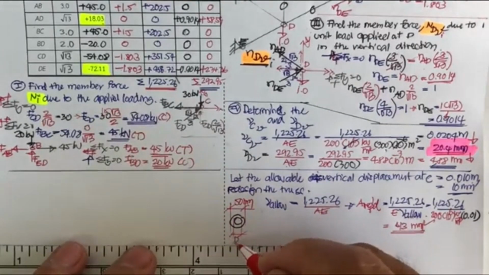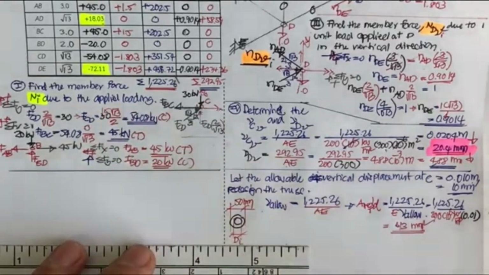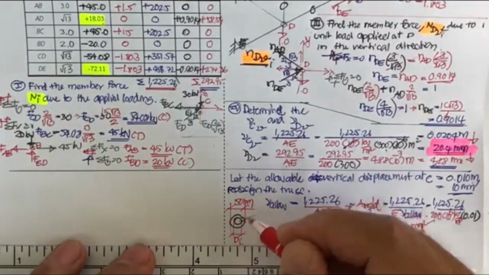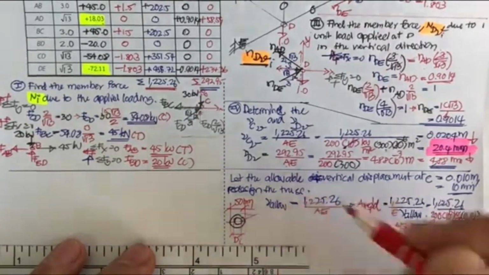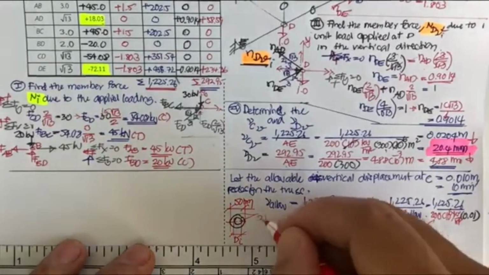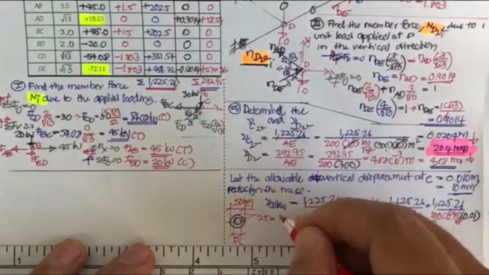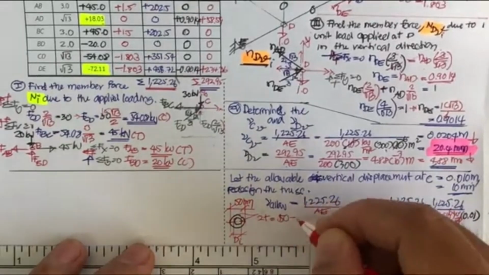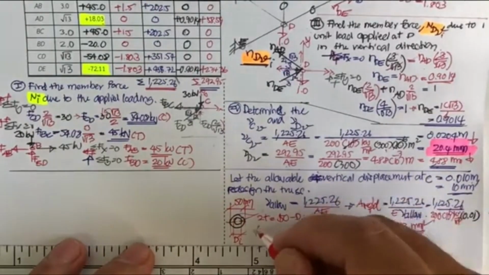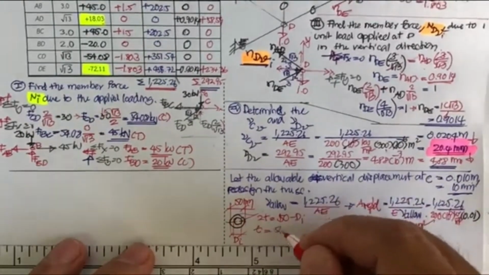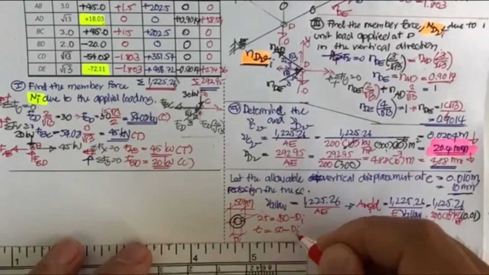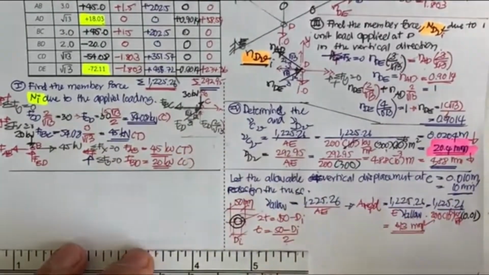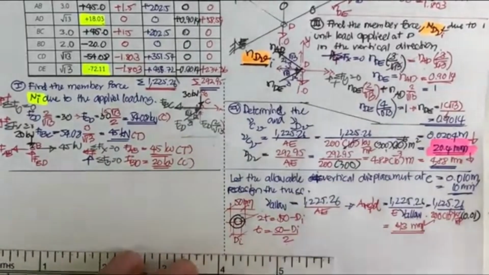That means you're going to determine d sub i, and then the thickness can be determined from 2t equals 50 minus d sub i. So the thickness is going to be (50 minus d sub i) divided by 2. So you've got to determine d sub i.